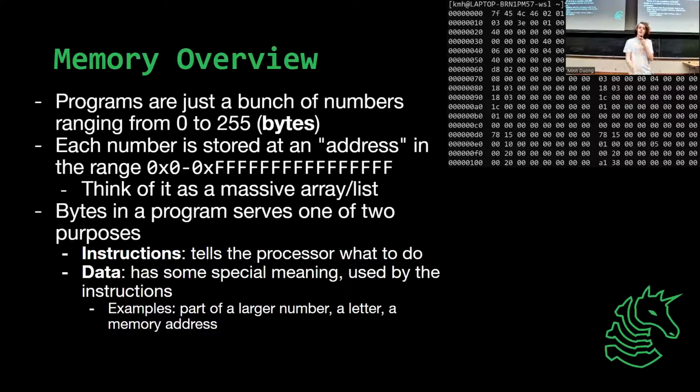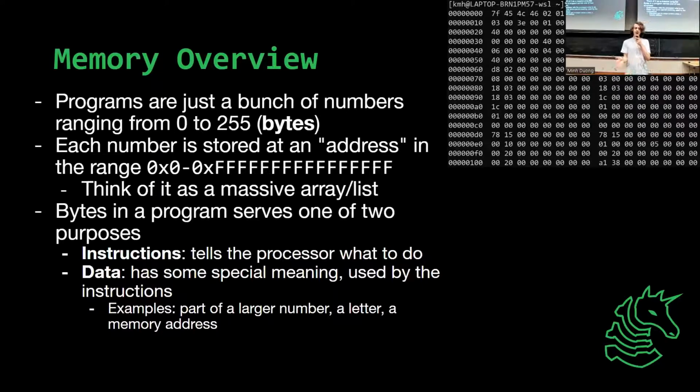Each number in the program is called a byte and ranges from 0 to 255. It's stored at an address. You can think of memory as a giant array, a giant list with indexes from 0 to 2 to the 64 minus 1, and every byte is stored at an address within that range.